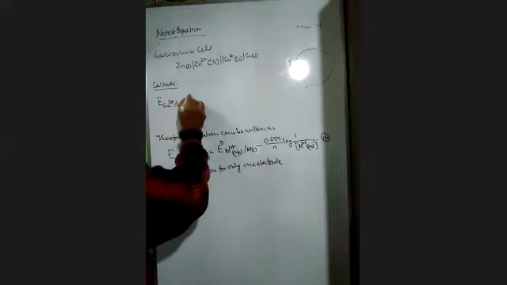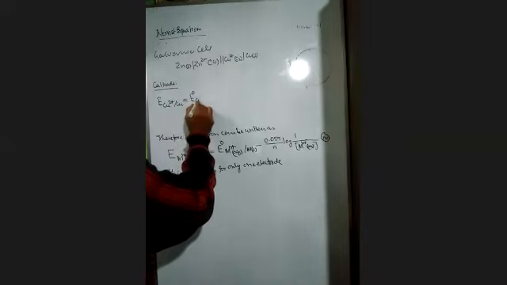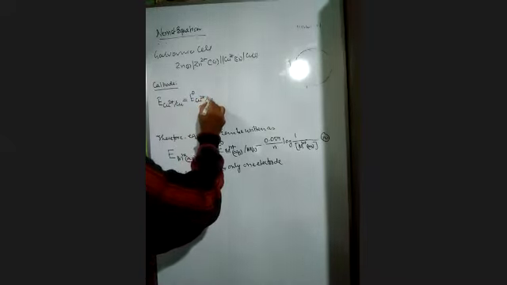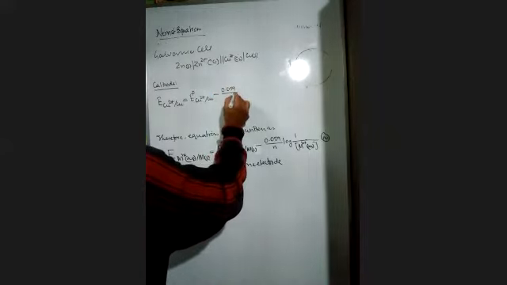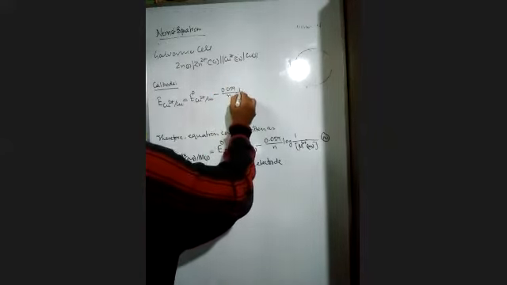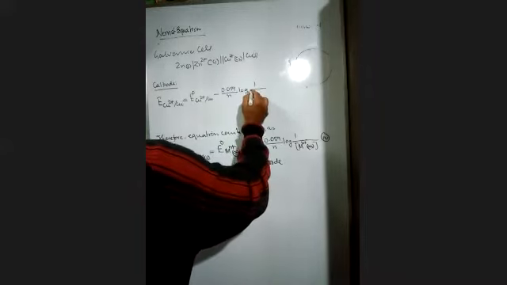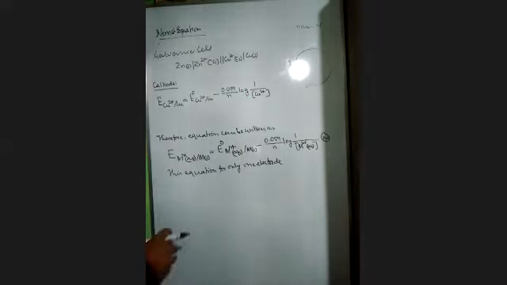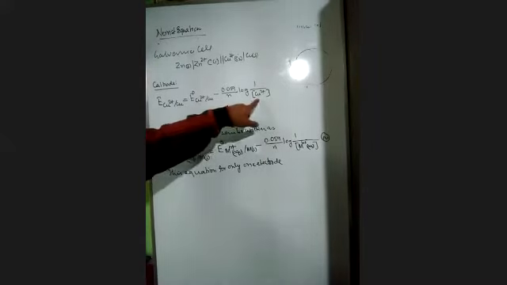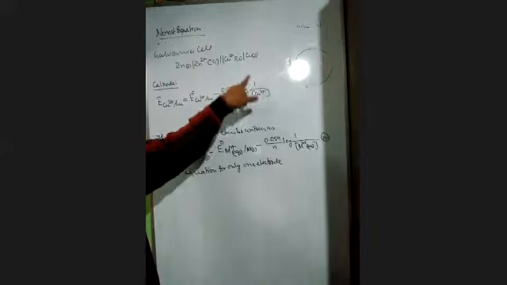No problem. We'll write now here E, I am not writing aqueous now. E Cu2+/Cu is equal to E0 Cu2+/Cu minus 0.059/n log 1 by Cu2+. If it is a numerical for Cu2+, I'll write the concentration is C2.